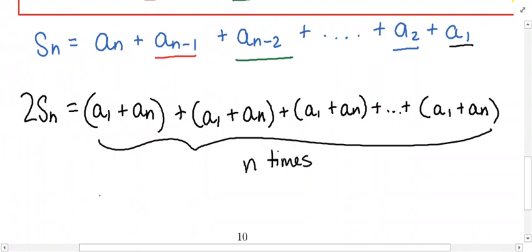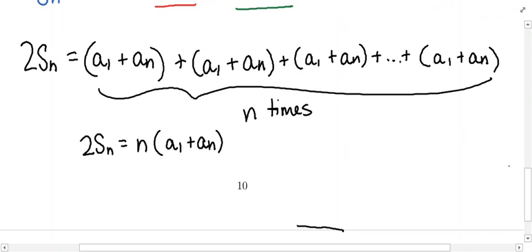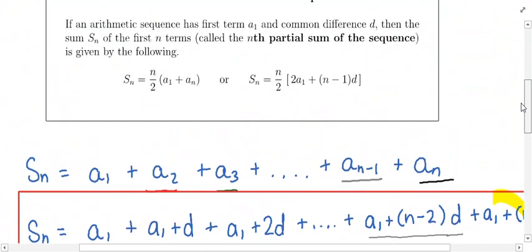That tells us that 2 times the nth partial sum is going to be n times the quantity a1 plus an. If you want to solve for the nth partial sum, you just divide off the 2 in front. That gives you n divided by 2 times the quantity a1 plus an. So that's where this first formula is coming from.